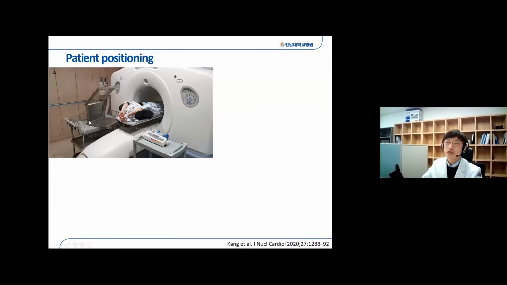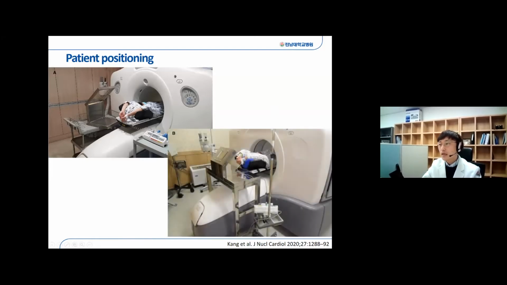And here is the shield for the protection of the technician working around the scanner. If you want to manually inject the radiotracer, you can make a specific type of lead shield like this to protect the patient's face and chest. The other settings are identical to the photo up here.